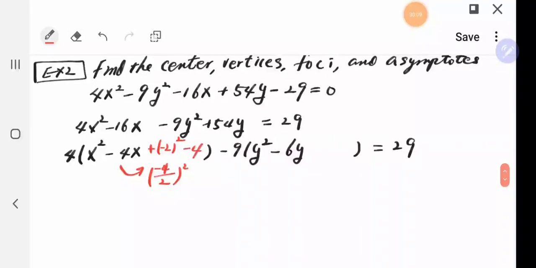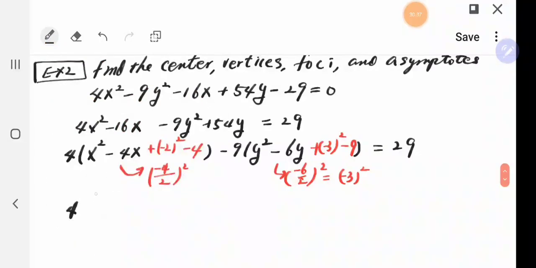For this one also, divide negative 6 by 2 and square, which is negative 3 squared. So we add 9, and we have to subtract 9 within the parentheses, so plus 9 and minus 9 together.